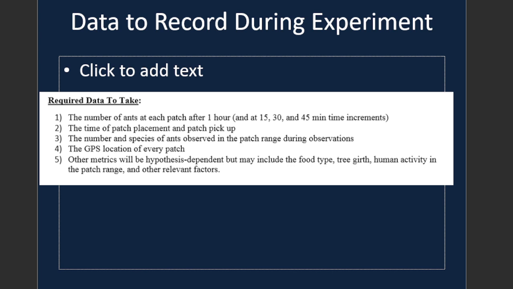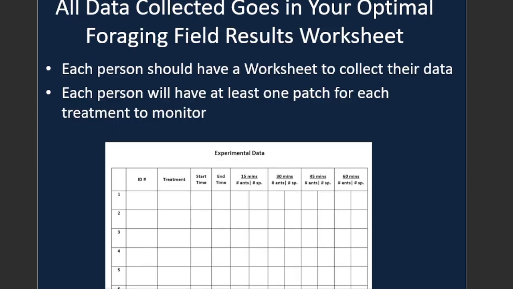You need the GPS coordinates of every patch. And then other metrics will be hypothesis dependent, but may include food type, tree girth, human activities in patch range, or other relevant factors. So we'll have a data chart like this, and you'll put all your data on this chart.